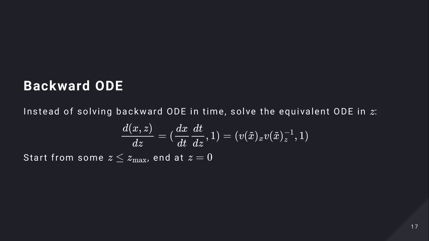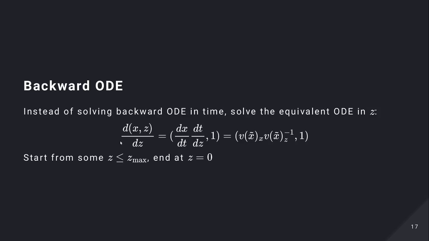Now we can finally get to the backward ODE. The first step is that instead of solving the backward ODE in time, because we know that it should be uniformly distributed on some sphere, but we don't exactly know what time it will reach that sphere, let's actually solve the ODE with respect to z.